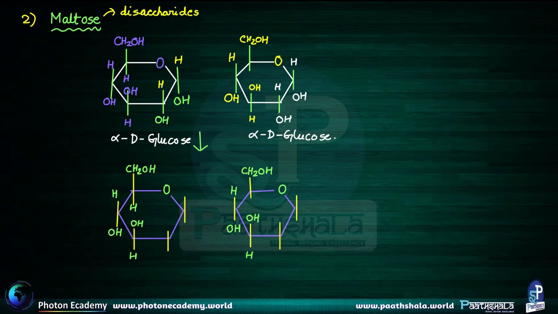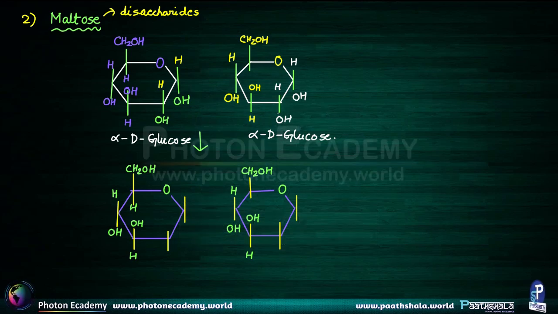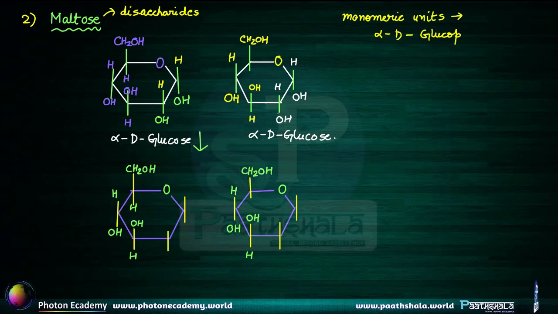And thus the monomeric unit. Let us just write it here since we are going to write the main points of highlight. So, monomeric units are nothing but alpha D glucopyranose over here. Now, coming to the next part that we want to see in this particular maltose is the presence of anomeric carbon.